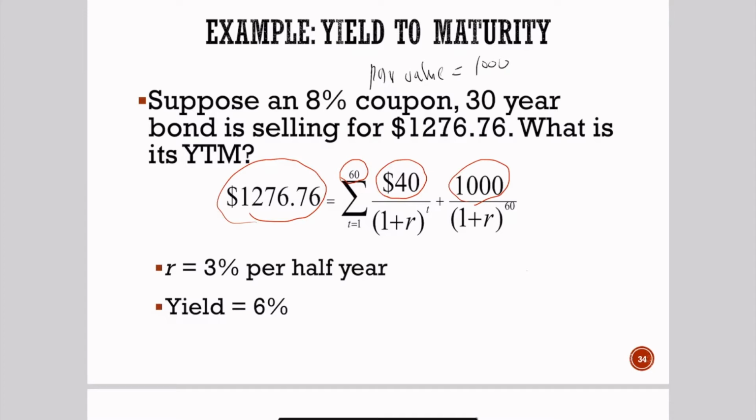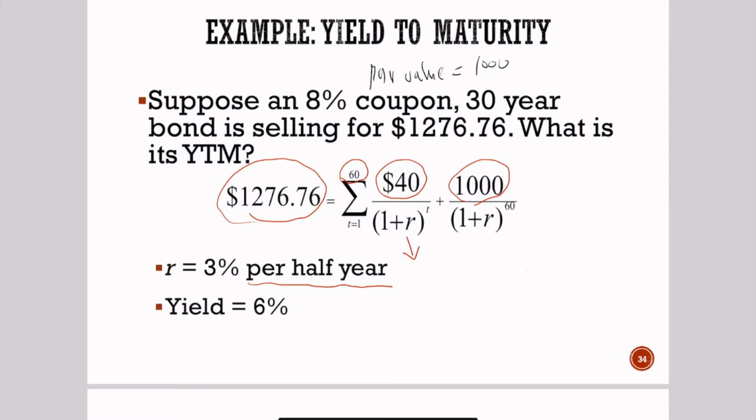So in the end, the R you find out is just the yield for 6 months, right? In this case, you will find out R equals 3%. And you have to convert this half-year interest rate to the annual rate of 6%, right? So you can see that it's a very simple calculation. However, you have to be careful about the complexity because of the semi-annual coupon payments.